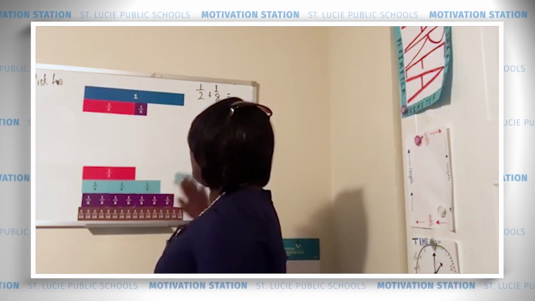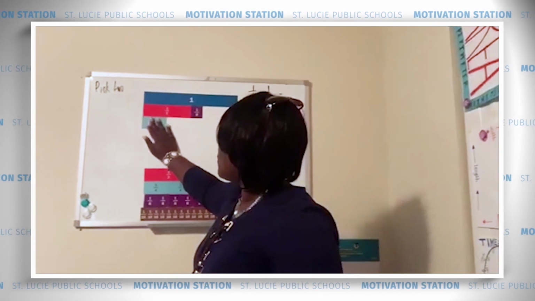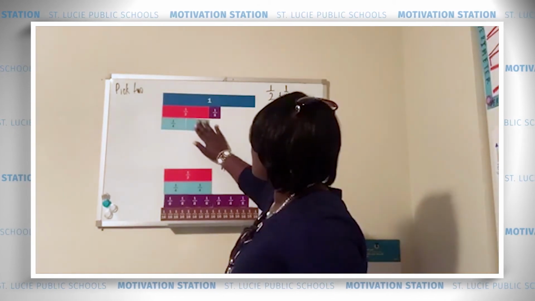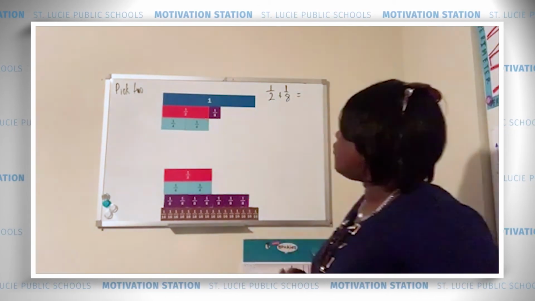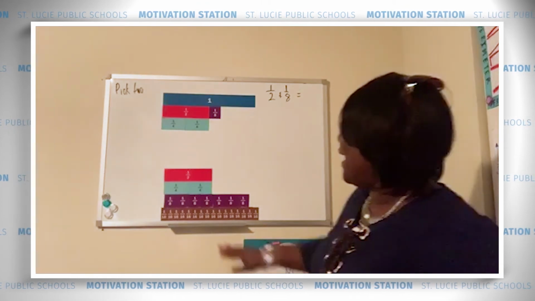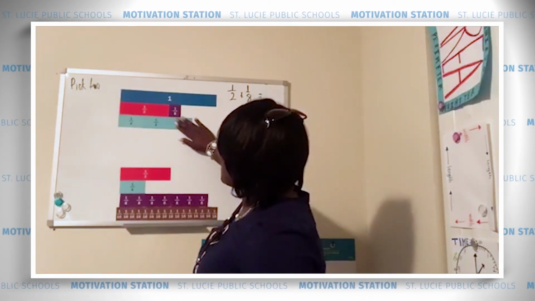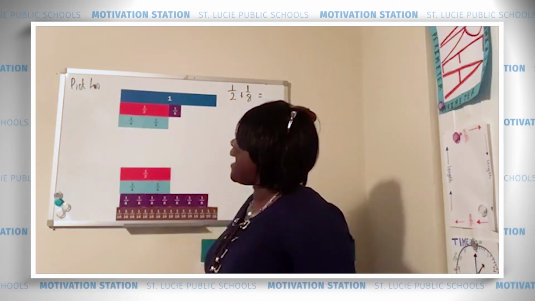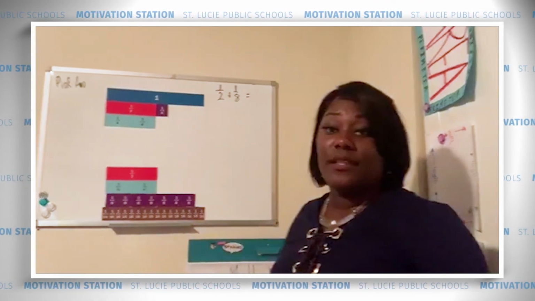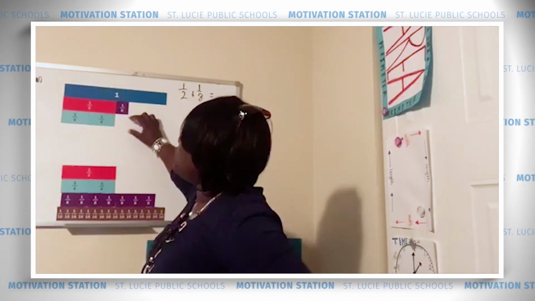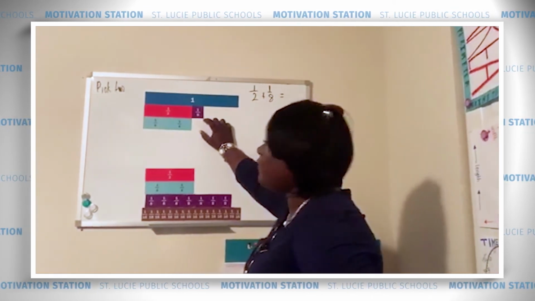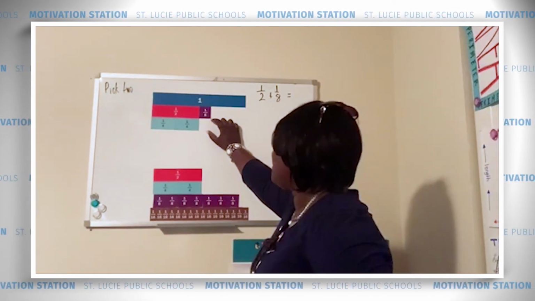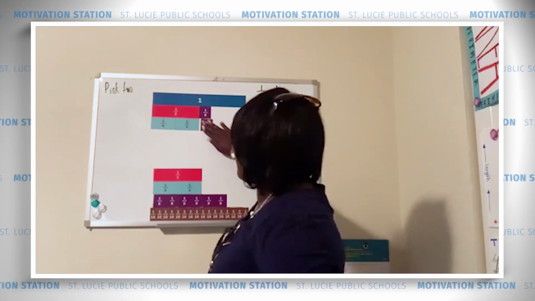Let's see how many fourths. 1/4, 2/4. And I know that I cannot add another 4th. But I can add a different fraction there. Which fraction do you think would fit perfectly right here? An 1/8.